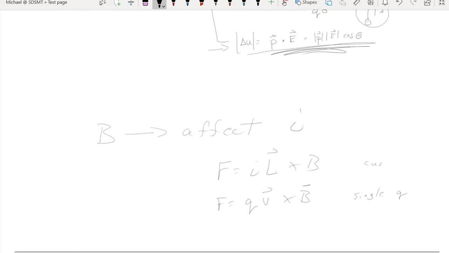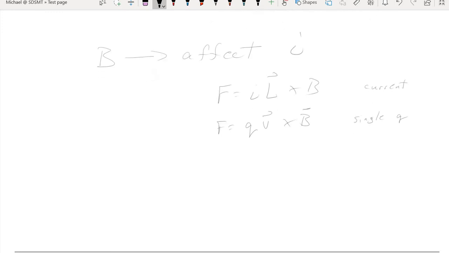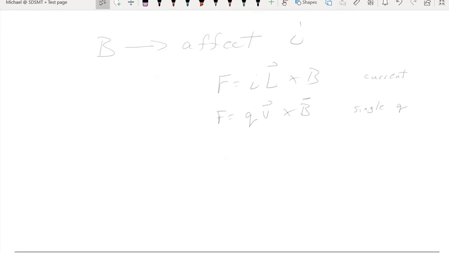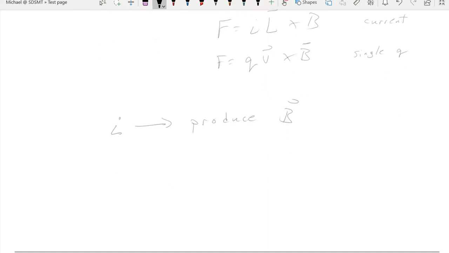This was for a wire with current. So in the next chapter, we need to discuss how current can produce a magnetic field. So how will a current that is traveling through a wire produce a magnetic field? And then we're going to continue with that idea, and we're going to ask, well, how will a magnetic field produce a current?